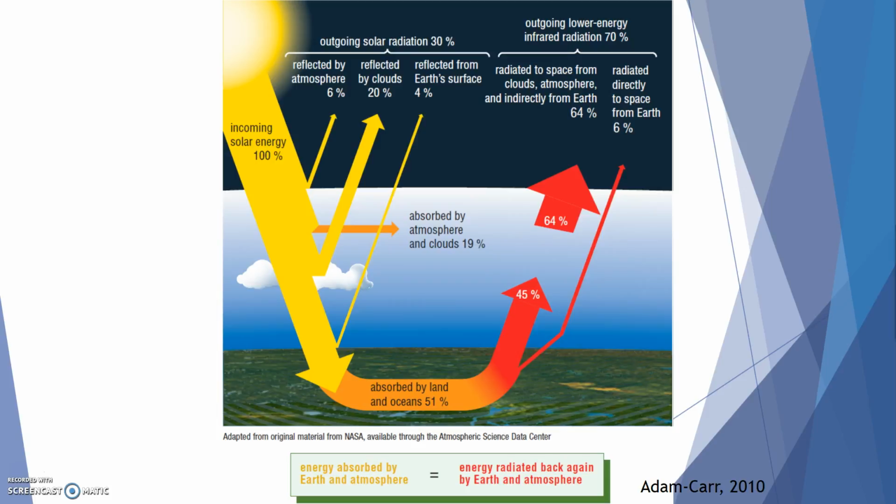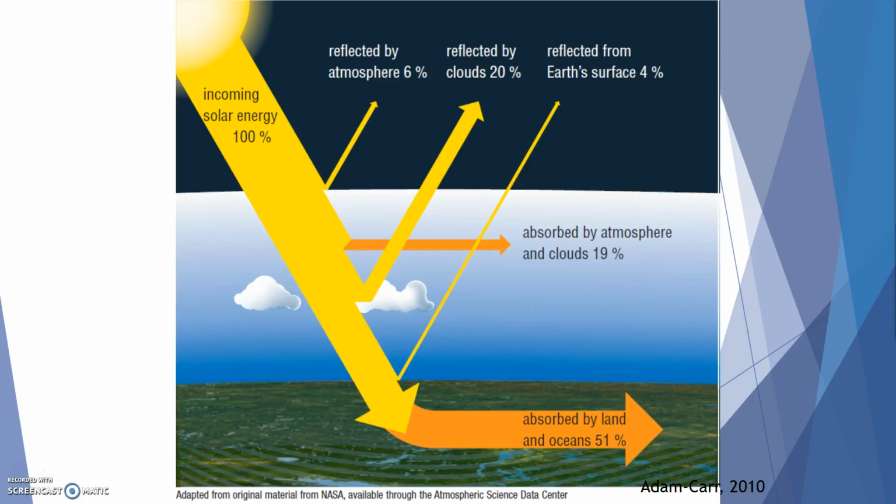So if we talk specifically about the energy that is coming in, when that energy from the sun, which we're going to call thermal energy, reaches Earth, it obviously bounces around and hits particles of matter, right?